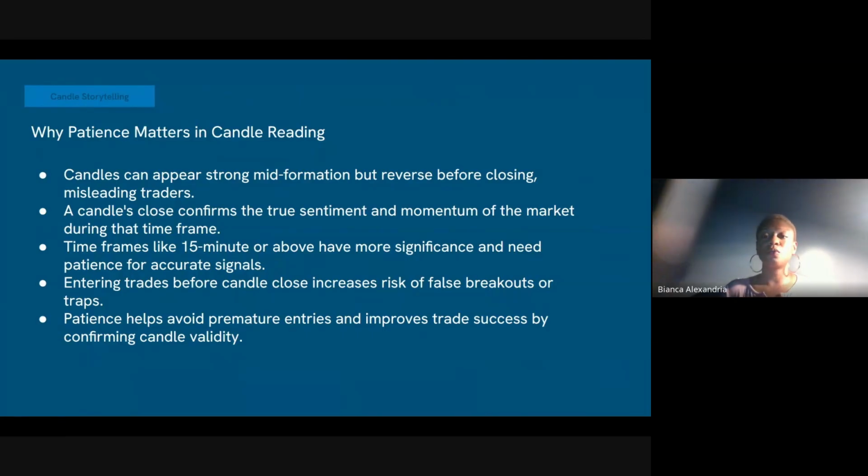When you enter a trade before the candle closes, and don't wait to see if it's going to retest or continue in your desired direction, you are trying to catch a falling knife. You don't necessarily know. Of course, following our rules, we are hopeful that it'll go in a certain direction, but it's very important to select whatever time frame candle you want, wait for that candle to close, and then enter after your next criteria prints.